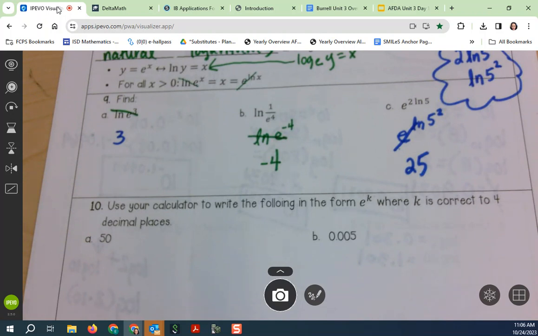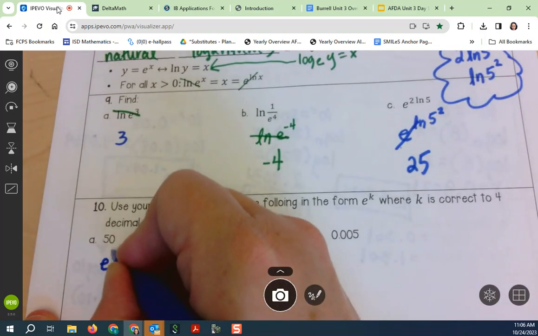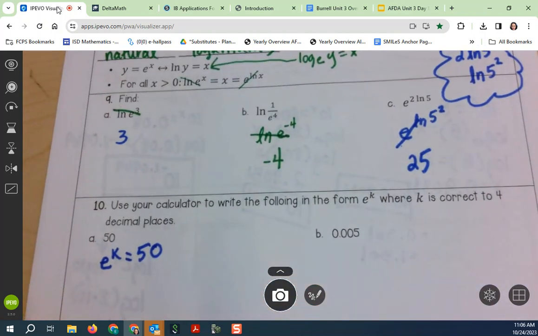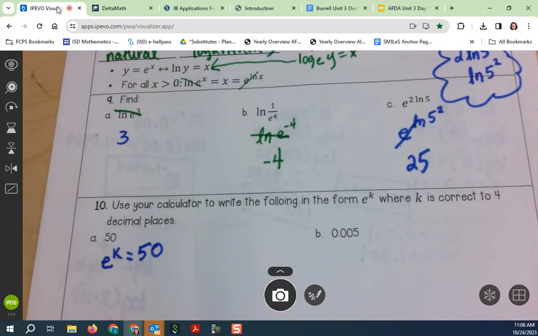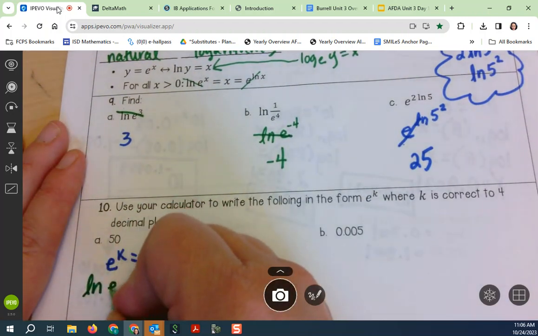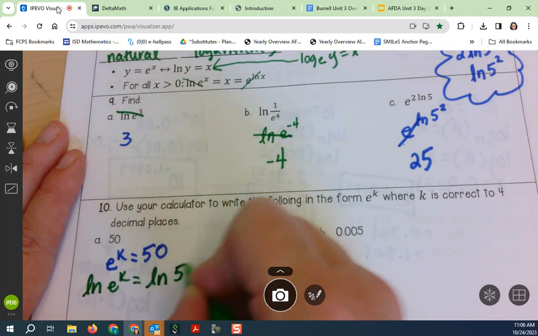Use your calculator to write the following in terms of e to the k, where k is correct to 4 decimal places. So we're going to write e to the k equals 50. What function will undo e? ln. Good. So we take the natural log of each side: ln of e to the k equals ln of 50.